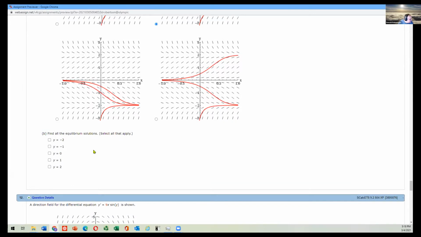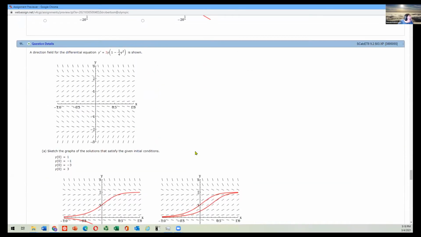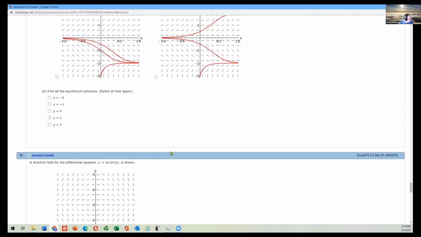And then it says find the equilibrium solution. So if we go up here and you look for any place where things would be captured, y equals 2, y equals -2. And you're done.